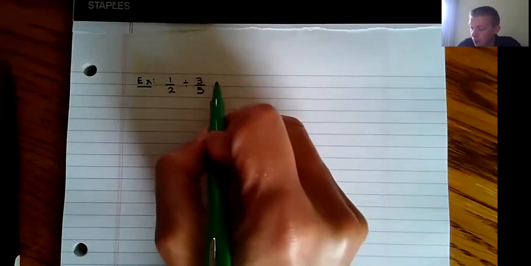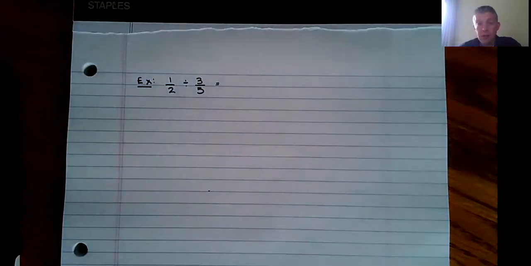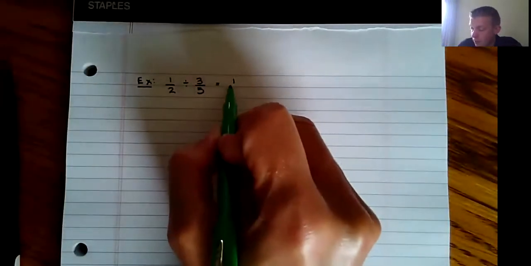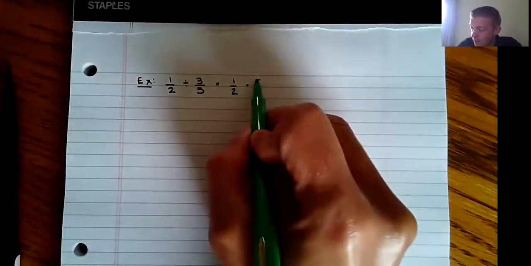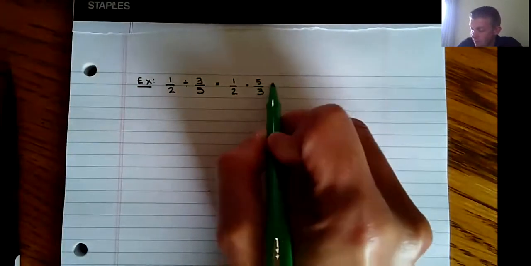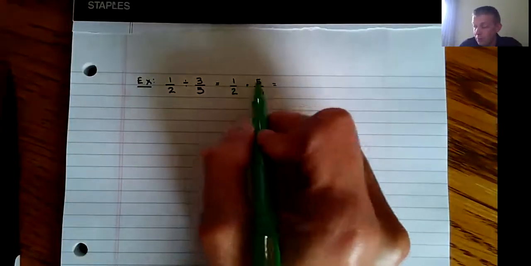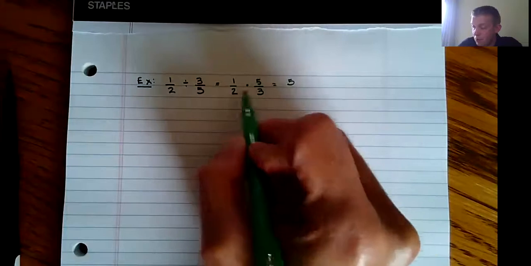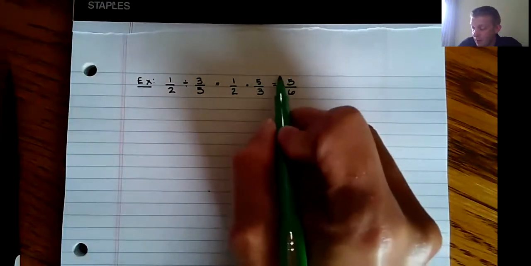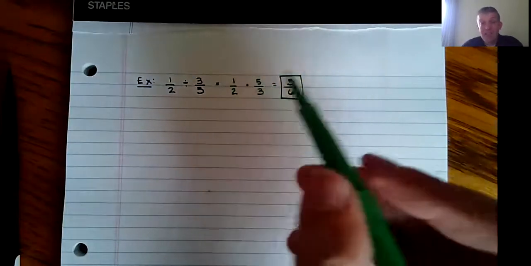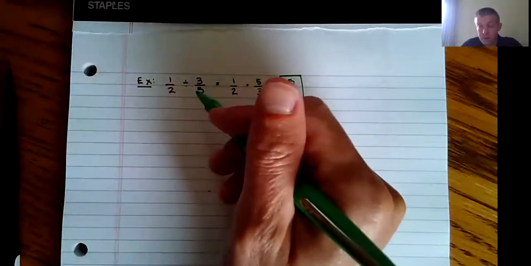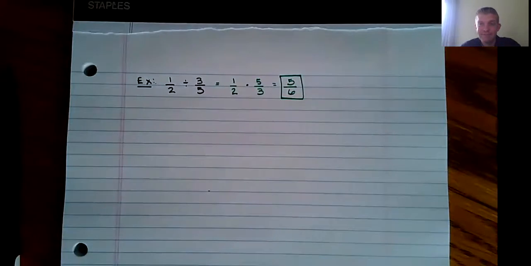But if we use our algebra rules, keep the first fraction, change division to multiplication, flip the second fraction, and now I just multiply across. Now I can tell there's nothing to reduce. 1 times 5 is 5. 2 times 3 is 6. My answer is 5/6. Literally, that means I can fit 5/6 of a length of 3/5 into 1/2. Kind of confusing.